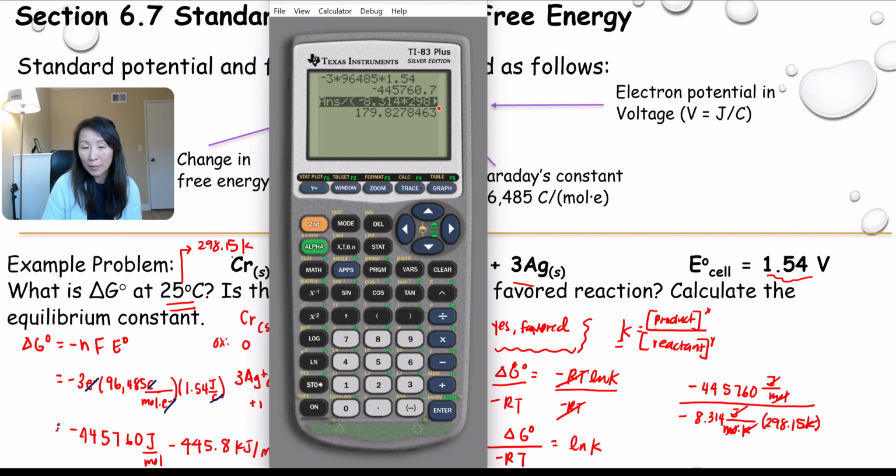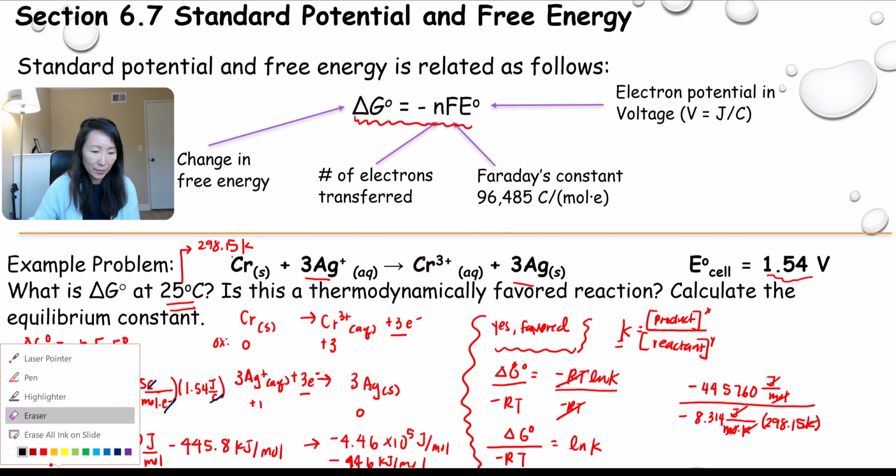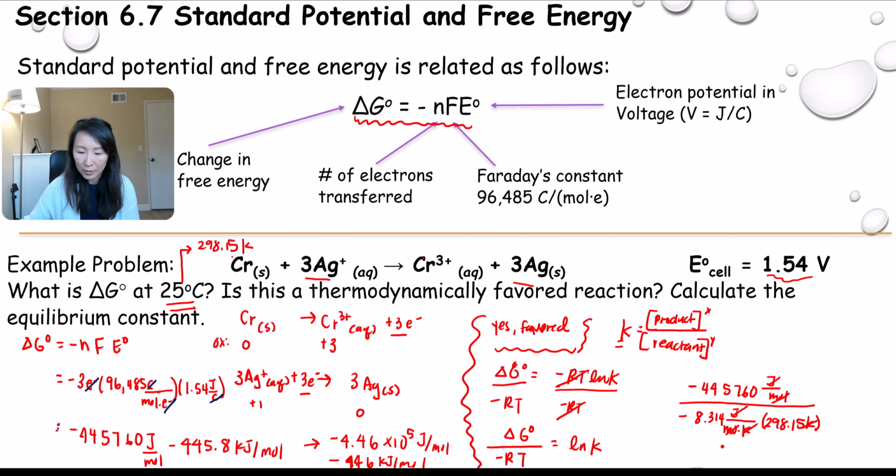After I have closed the parentheses, I get about 180. And that would be my 180. I'm going to write it here now. So that's 180, and all of these units will cancel out.